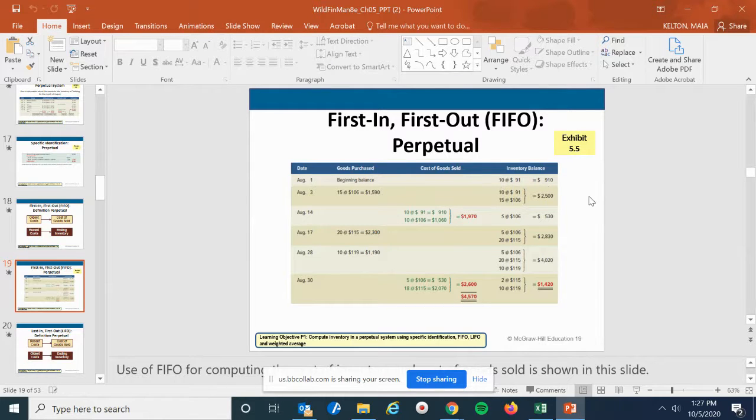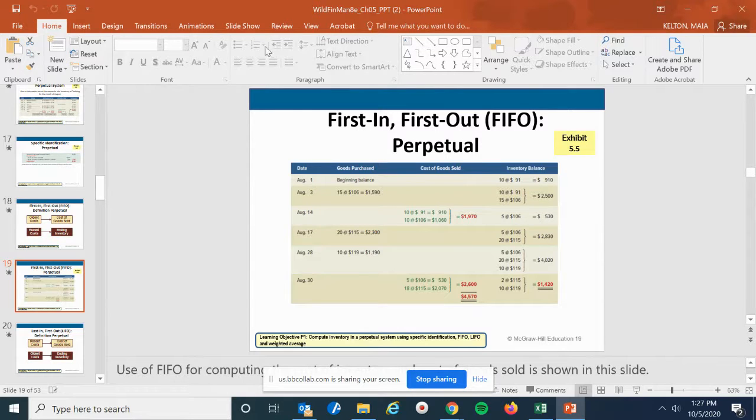Look at where my cursor is, 10 units. Each unit cost $91. This unit cost is what the company paid for the inventory items. So again, in the beginning balance, the company has 10 units at $91. The total value of inventory as of August 1st is $910.